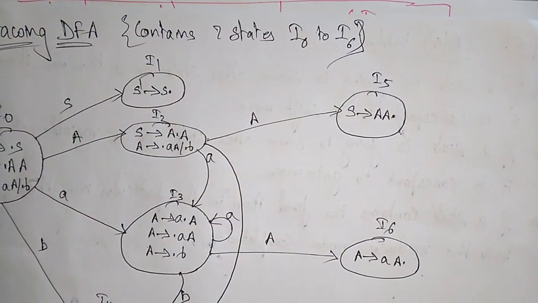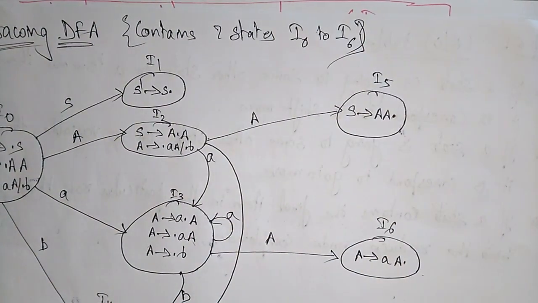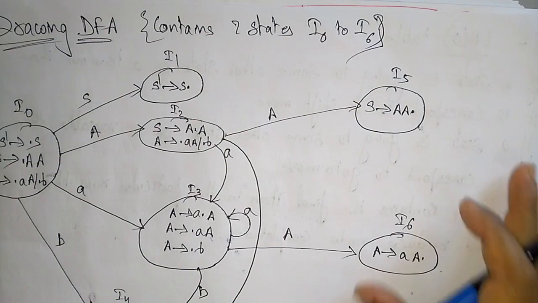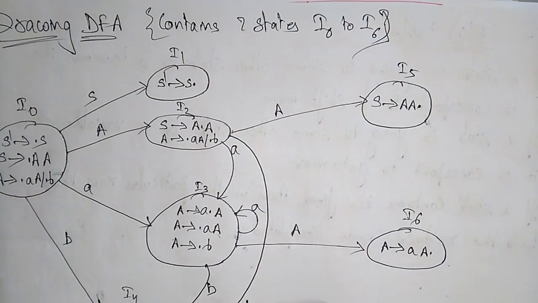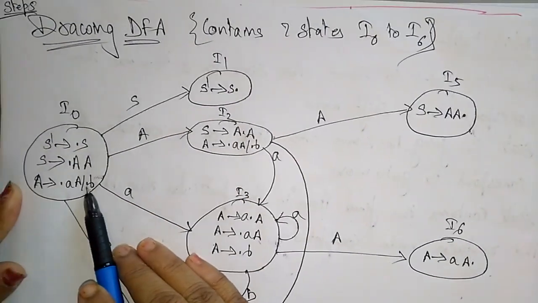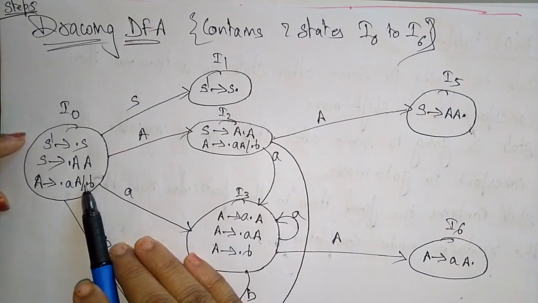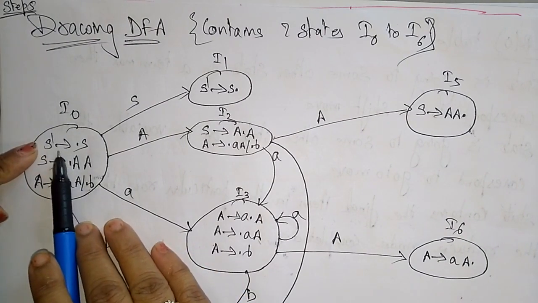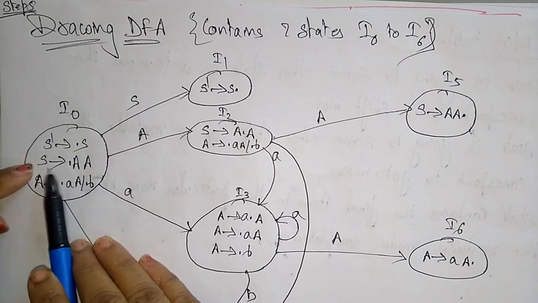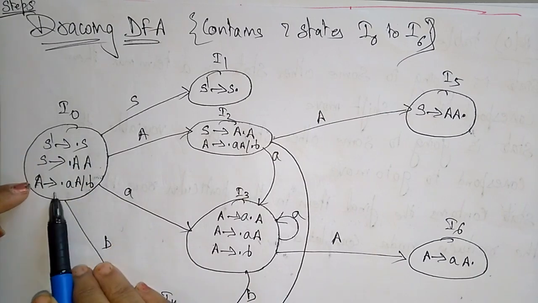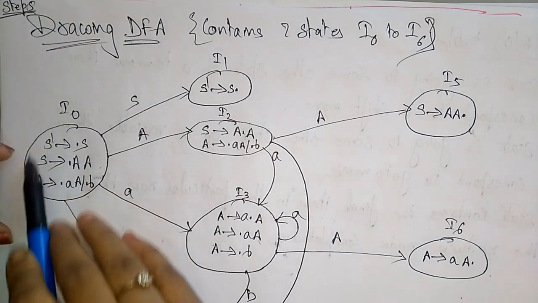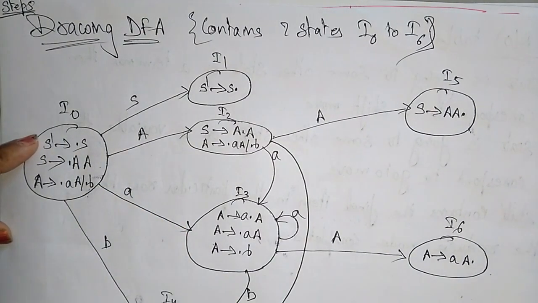Now let's draw the DFA diagram using the canonical collection of LR0 items: S dash tends to dot S, S tends to dot AA, and A tends to dot AA slash dot B. This state we call I0.